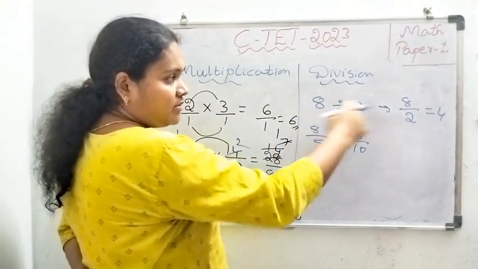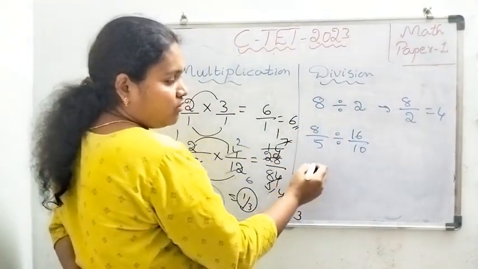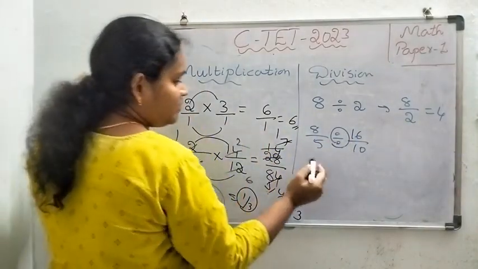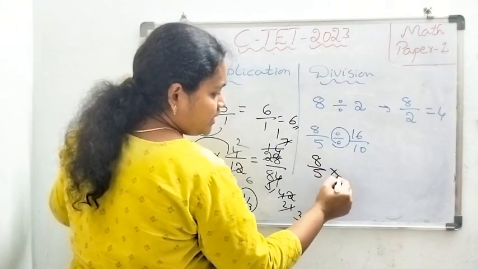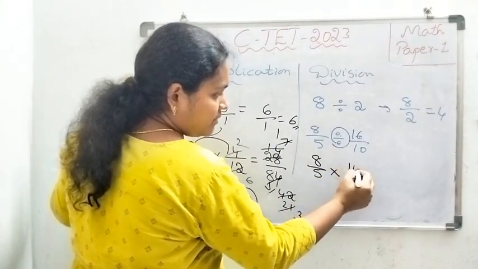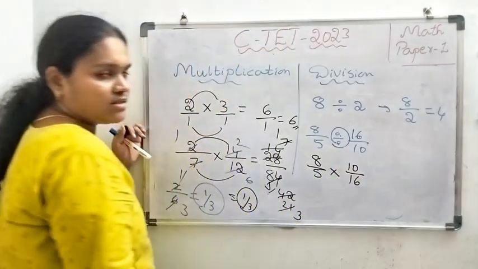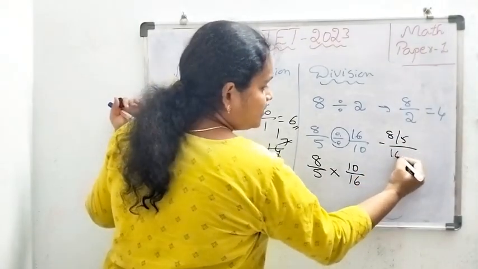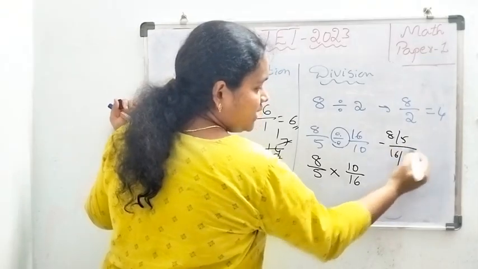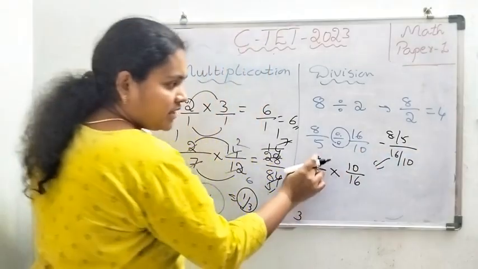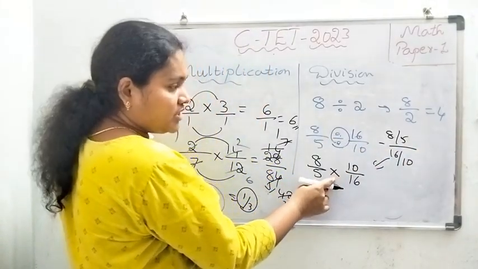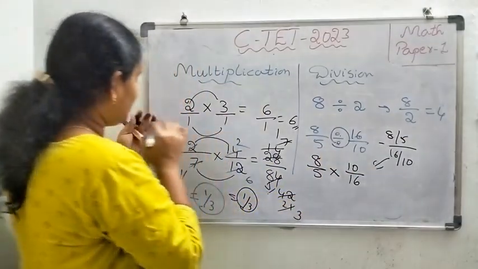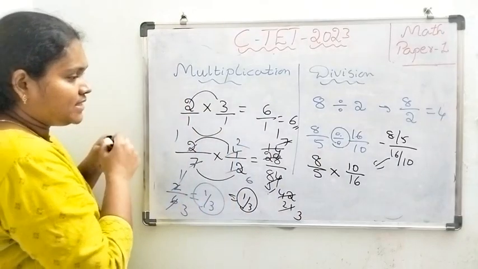Instead of this division symbol, we keep 8 by 5 into, and 16 by 10 becomes 10 by 16. That's it. So after writing the next step, the division symbol will be changed to multiplication and 16 by 10 becomes 10 by 16.